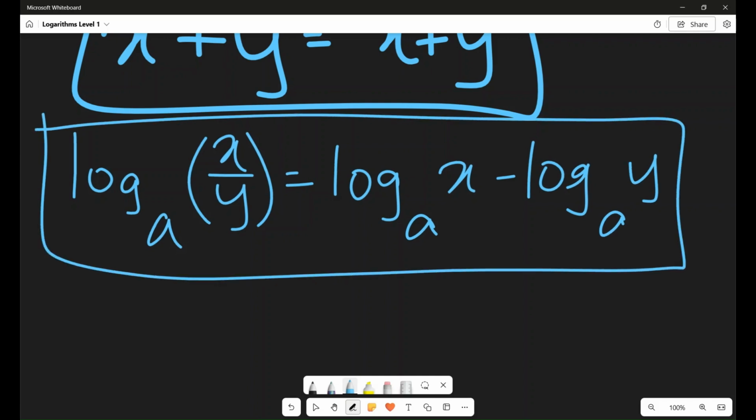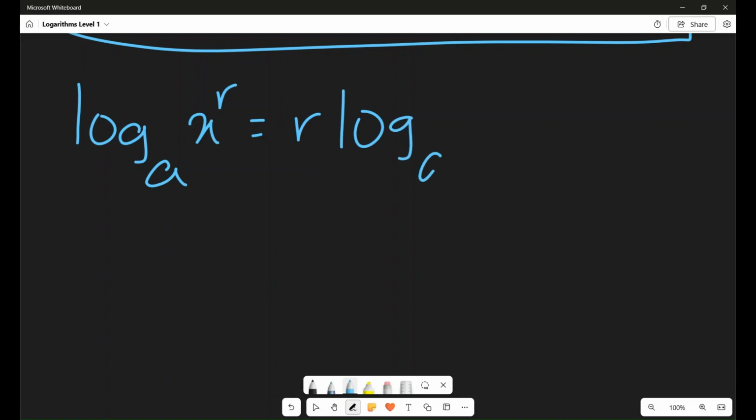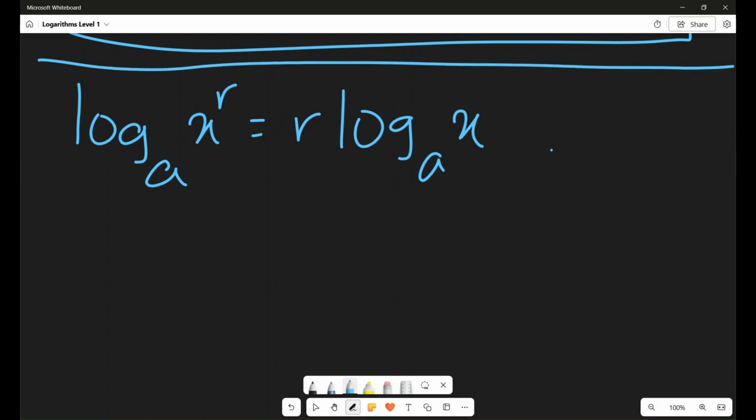And that is really derived from the property that we just discussed. Now, the two final things that are really important. Log base a of x to the power of r is equal to r times log base a of x. And just as we did with all the other properties, we'll dive into this a little more, right?